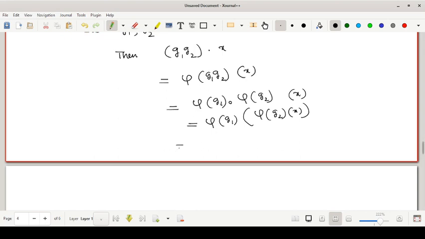This is equal to phi of g1 of phi of g2 of x. And phi of g2 of x is g2 dot x. This is equal to, again by definition, g1 dot g2 dot x. First condition is verified.